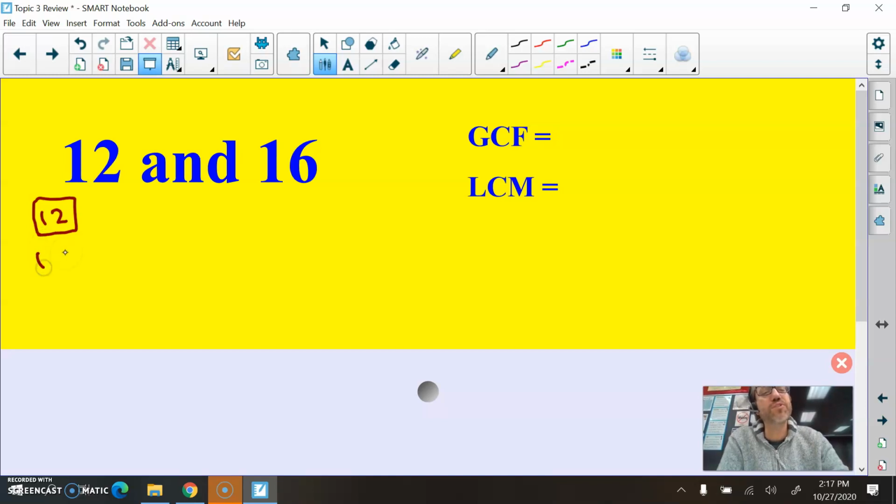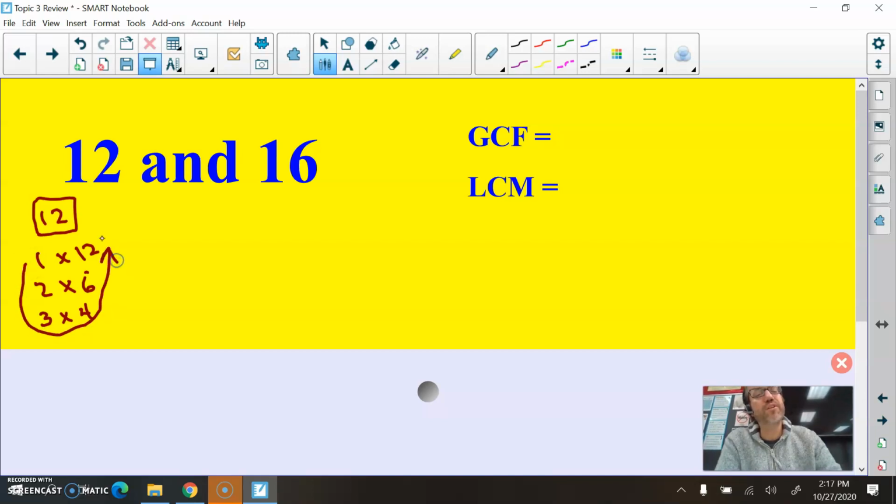The easy one, of course, would be 1 times 12. But then it's even, so I could take 2, and 2 times 6 is 12. 3 works also. 3 times 4 is 12. All right, so my factors of 12 are 1, 2, 3, 4, 6, and 12. You can find them all there if you just go around in a U.